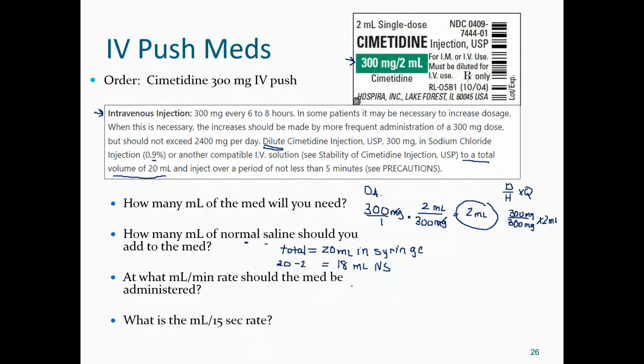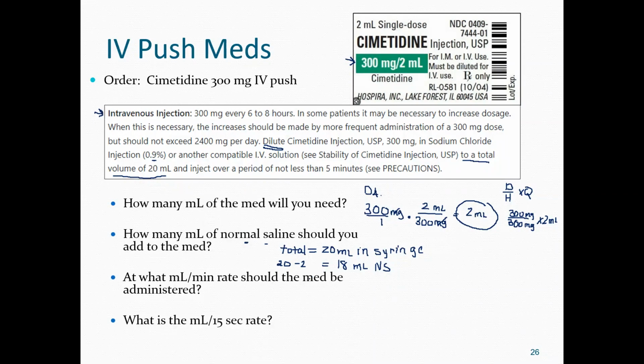Now, I want you to notice that this is very different than the previous problem that we have done in our content guide. The previous problem told us to add 10 mL. This problem says a total of 20 mL. So because the total amount in the syringe is to be 20, I will only need 18 mL of normal saline because I already have 2 mL of medication.